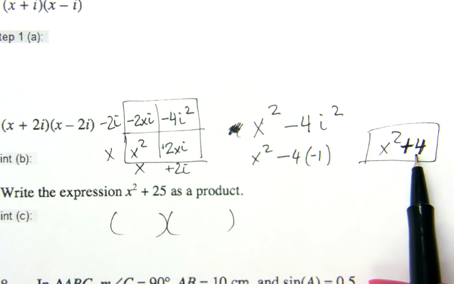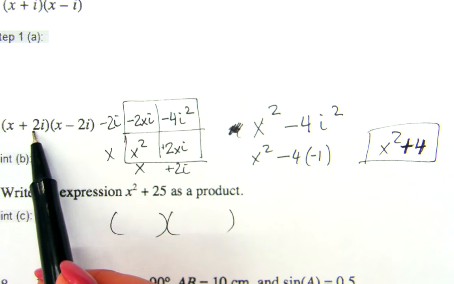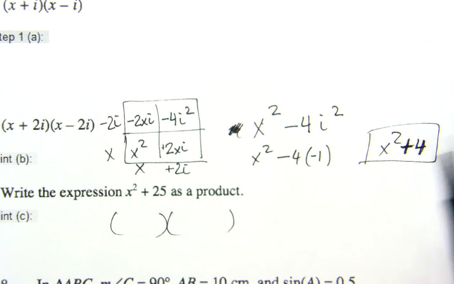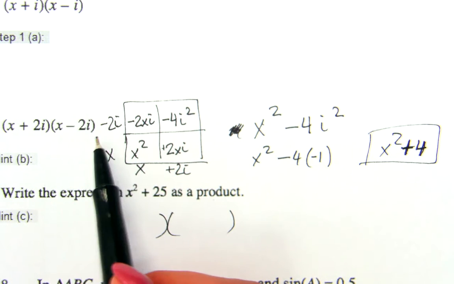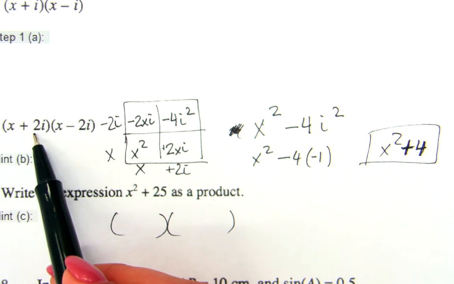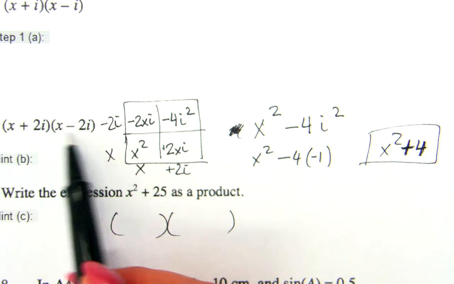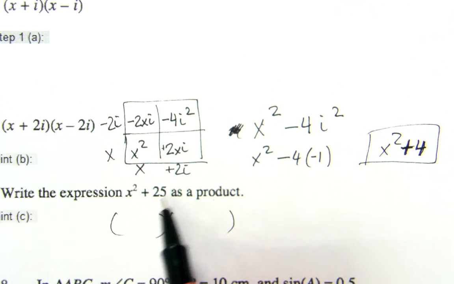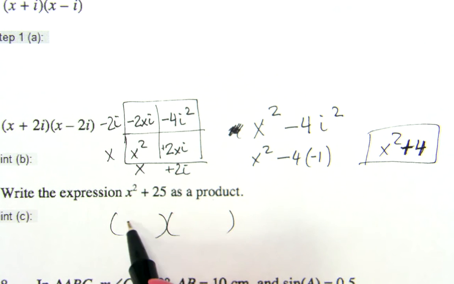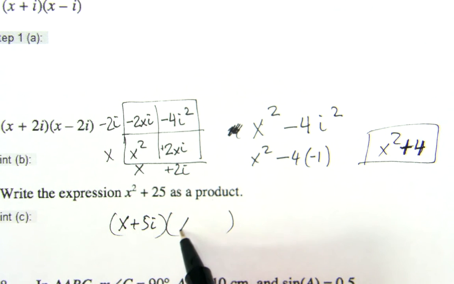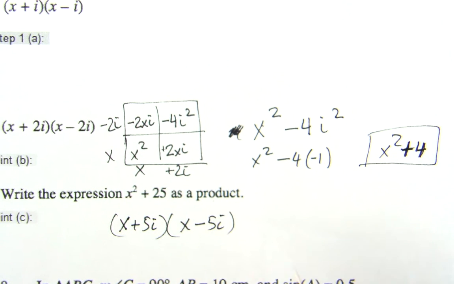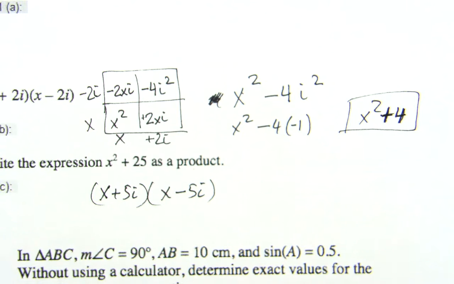So if you take the square root of 4, which is 2, or in this case, if you're solving, really it's the square root of plus 2, minus 2, because either negative 2 or positive 2, when you square either of those, you should get a 4. So technically, as a product, x squared plus 25 should be something like x plus 5i and x minus 5i.